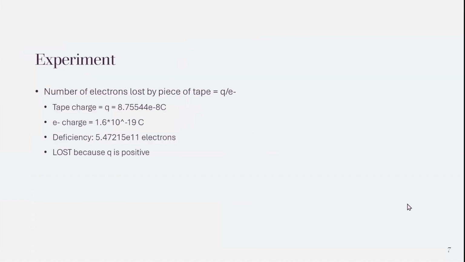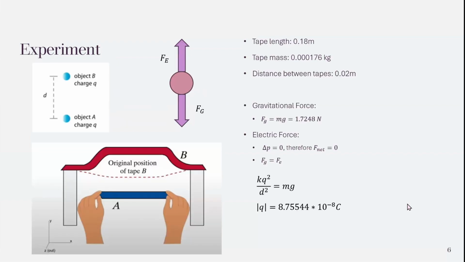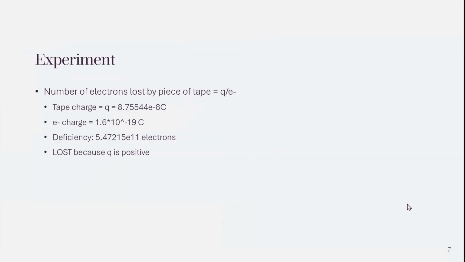Okay, so we were able to determine the number of electrons that the tape was deficient by, and we found this by taking the charge that we found earlier, that 8.755 times 10 to the minus 8 number, and dividing it by the charge of an electron, which we know is 1.6 times 10 to the minus 19 coulombs. And when we divided this out, we found that the tape had a deficiency of 5.47 times 10 to the 11 electrons.